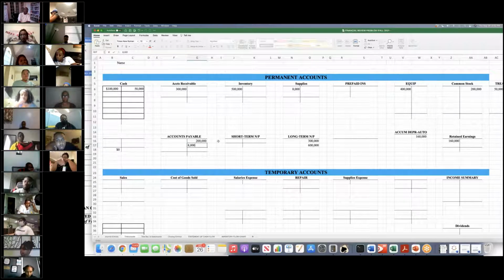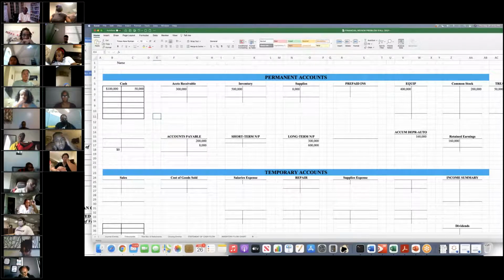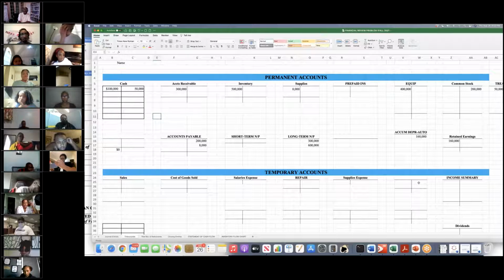If it's on the credit side in the journal entries, it's on the credit side in the T accounts. Does everybody understand that? What we're doing is determining what happened to each account after those transactions, because we got to know how much cash we got after all these transactions and how much is in each of these accounts.